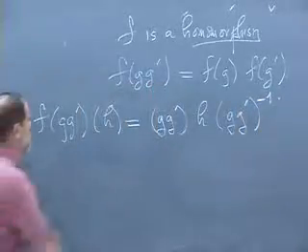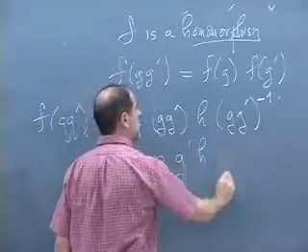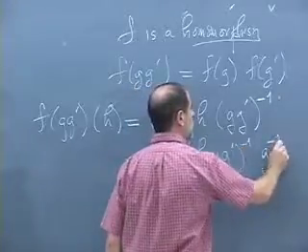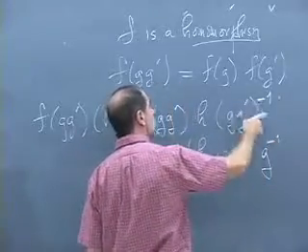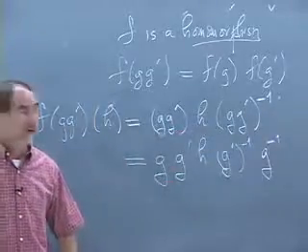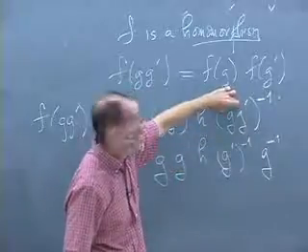Which, if I wrote it all out, would look like g g' H g' inverse g inverse. You should get used to the fact that when you invert a product, you get the product of the inverses in the opposite order, because this element has the property that when you multiply it by this, you get the identity.